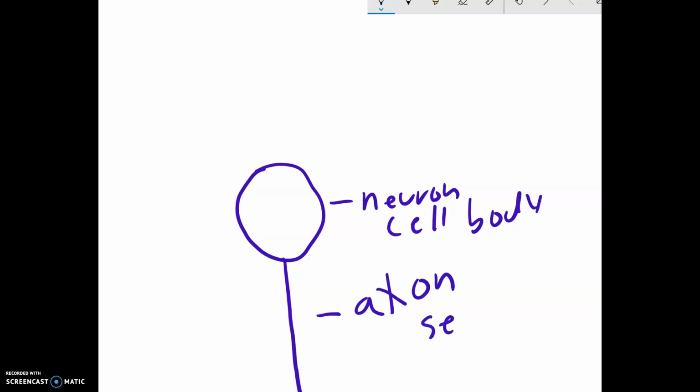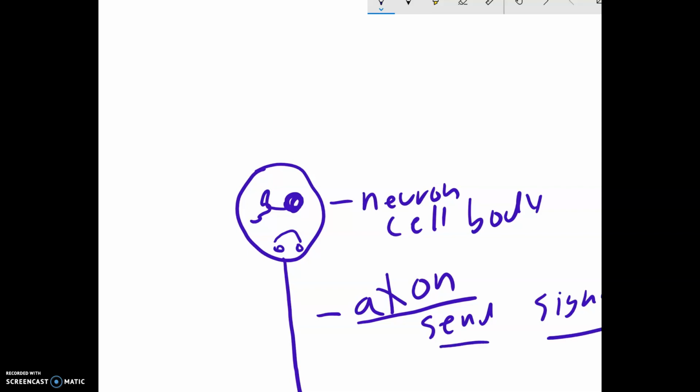And these send signals. So the axon sends signals from the cell body. Let's put a little nucleus there. Let's put some ER going off. We can't forget the Golgi complex, the pout-pout fish. So, we have the nerve cell body. We have our axon. And there's usually one axon that sends signals.